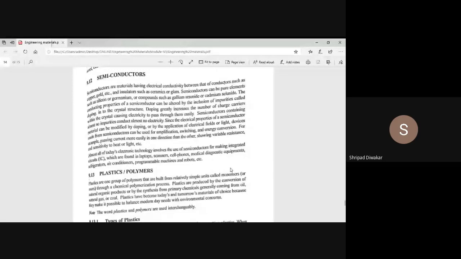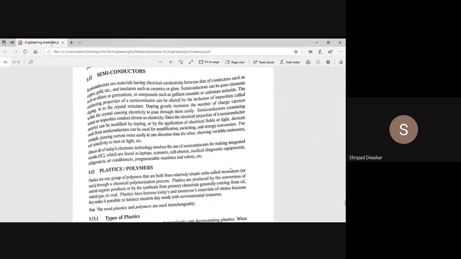Next, the application of semiconductors: they are mainly used in integrated circuits, that is IC circuits. So where will you find the IC circuits? Mainly in cell phones, laptops, scanners, medical diagnostic equipments, refrigeration, air conditioning, and programmable machines and robots.